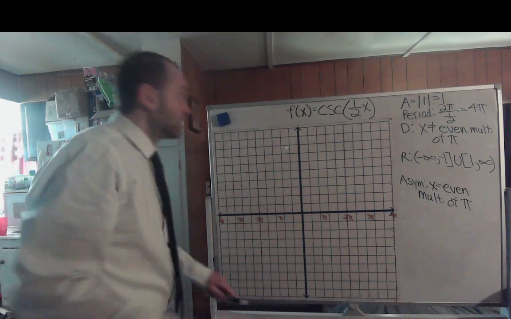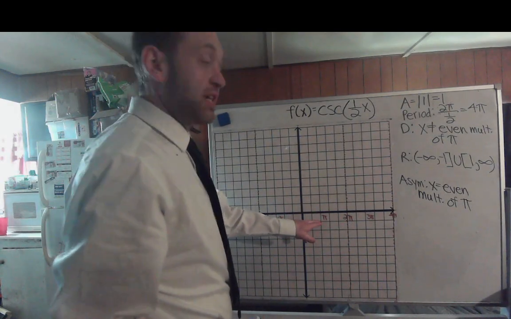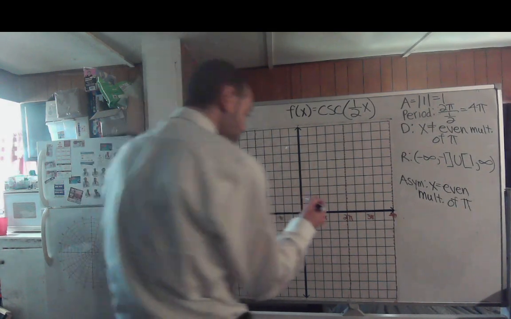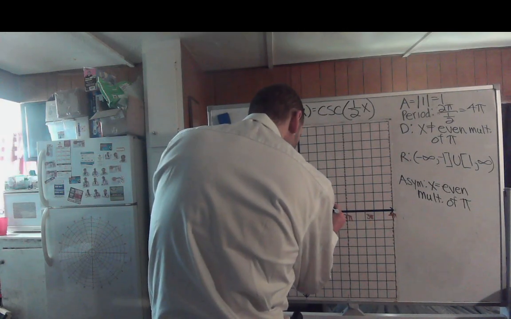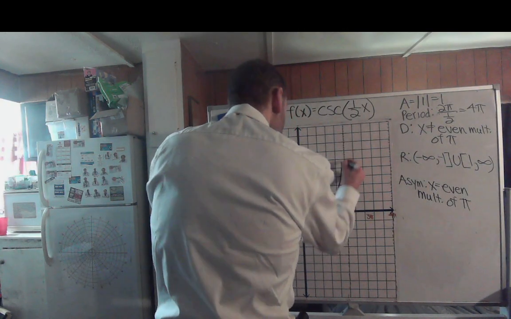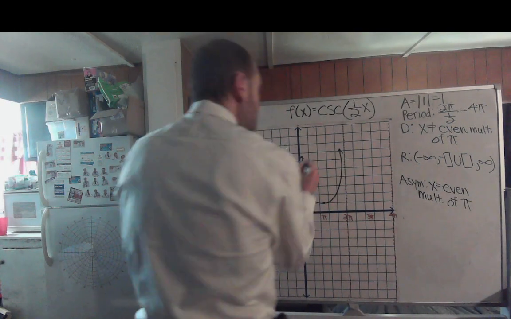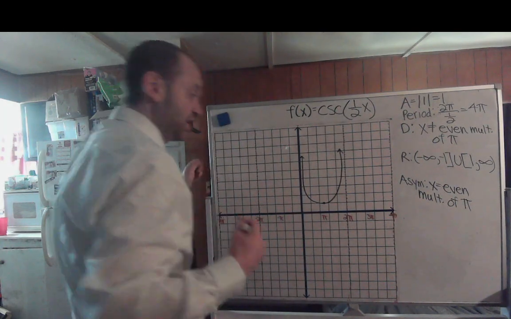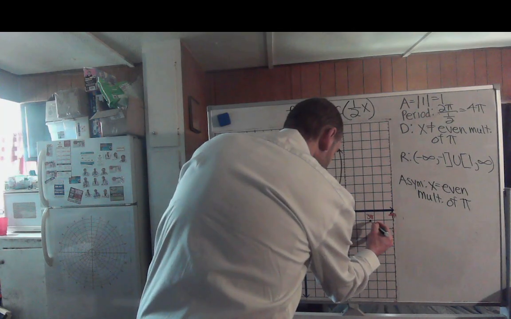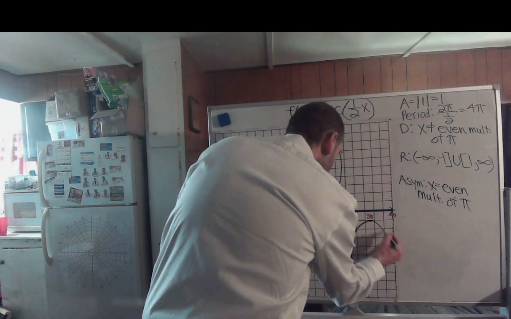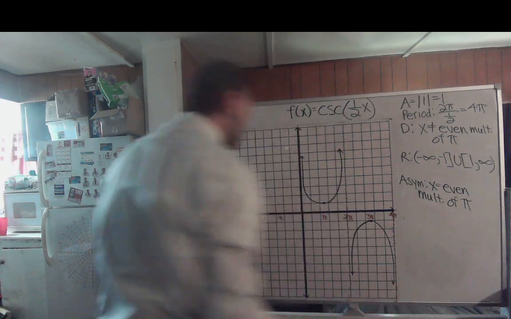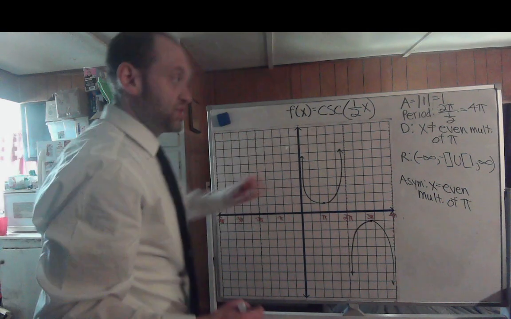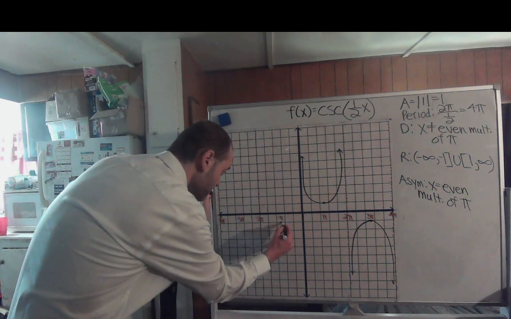So let's put in pi for x. That would give you the cosecant of pi over 2, which is 1. And then, let's see, put in 3 pi. That would give you the cosecant of 3 pi over 2, which is negative 1. Put in negative pi. That gives you the cosecant of negative pi over 2, which is negative 1.